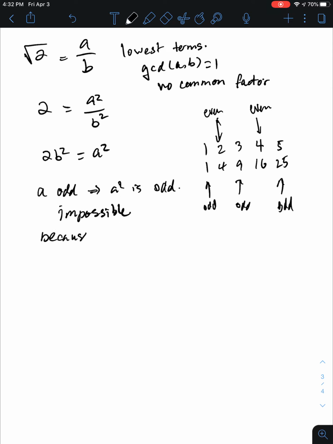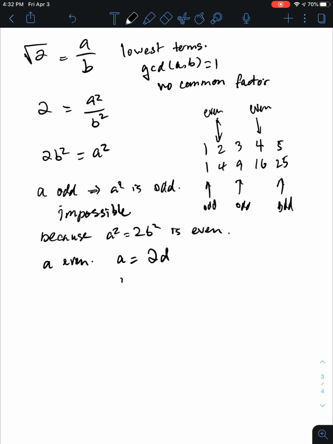because A squared equals 2B squared is even. So we have to say that A is even. So that means A is equal to 2 times, let's use another letter of the alphabet, 2D.